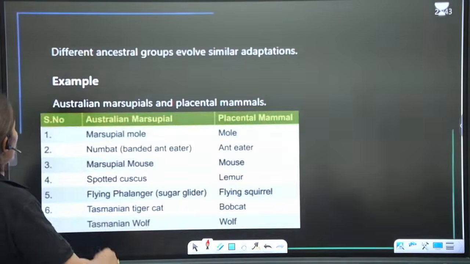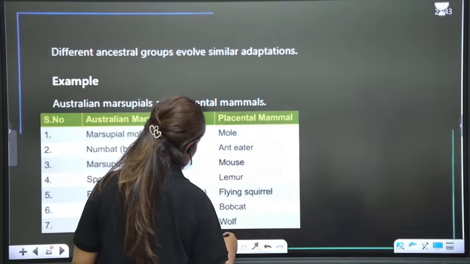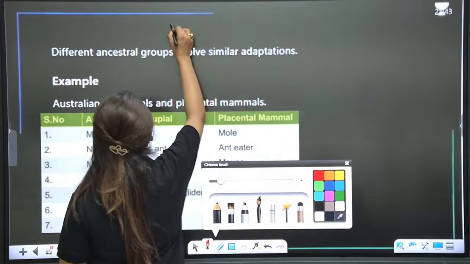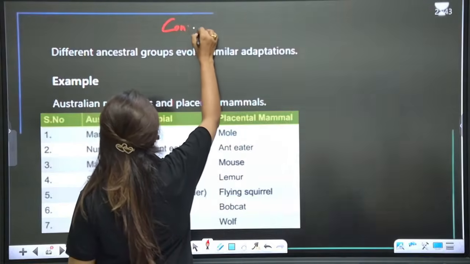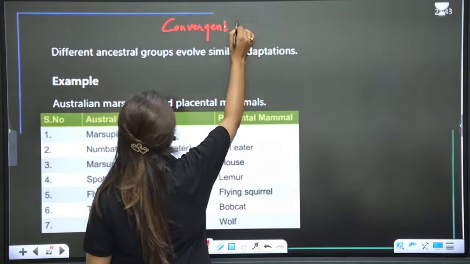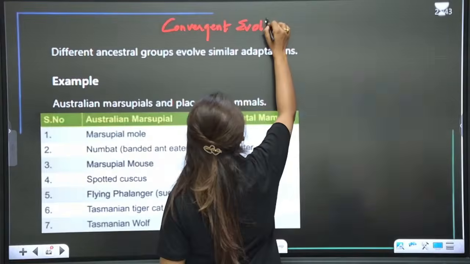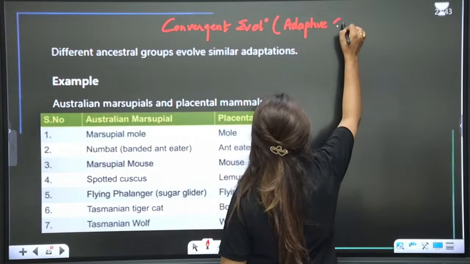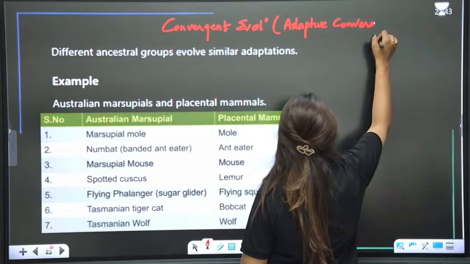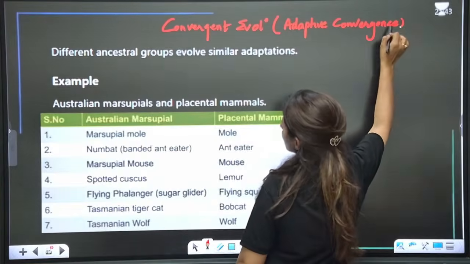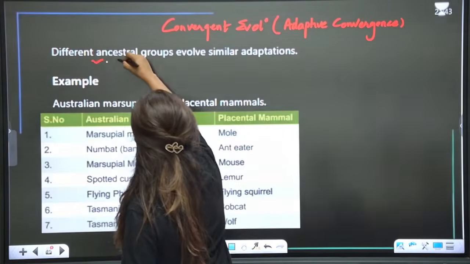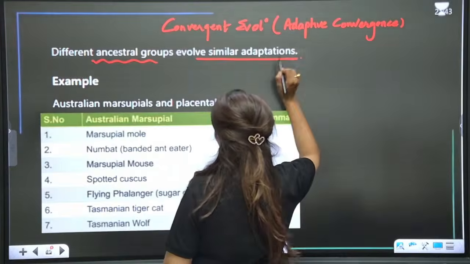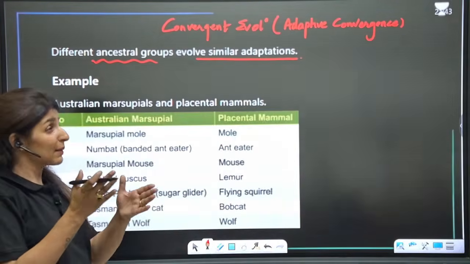And then we have convergent evolution, also known as adaptive convergence. So adaptive convergence, guys, can be studied. Different ancestral groups evolve similar adaptations when they move to the same habitat.